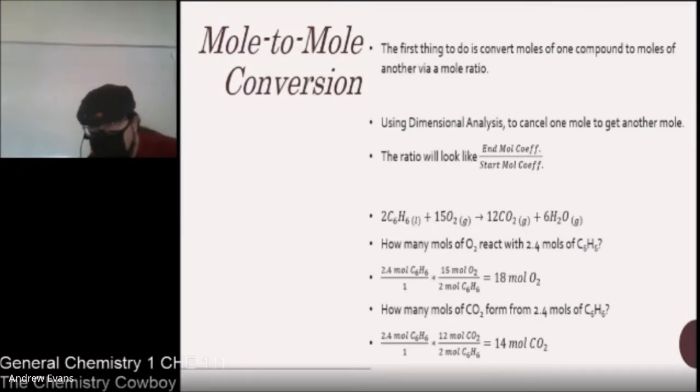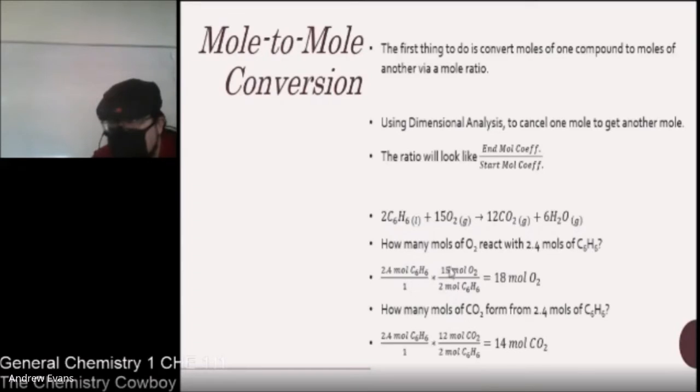If I have 2.4 moles of benzene, how many moles of oxygen will react with it? Well, I'm going to set up the balanced chemical equation. So 2.4 over 1, and I'm going to multiply by 15 over 2. Why is it 15 over 2 and not 2 over 15? Because we have moles of benzene on top, so we need moles of benzene on bottom. So I'm going to use the coefficient for benzene on bottom.